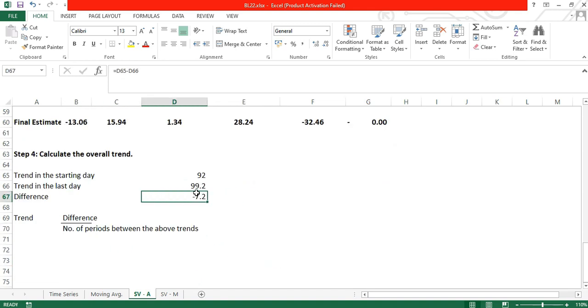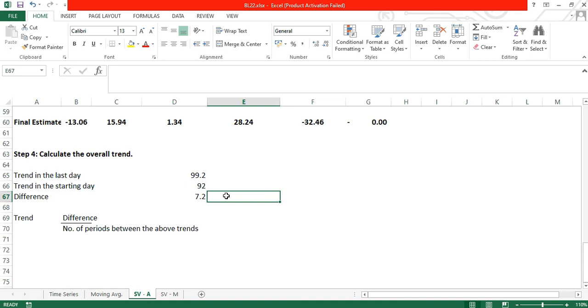It's minus 7.2, but basically it should be the trend in the last day minus the trend in the starting day, because the reason why we are doing this is to find whether the trend increased or decreased.